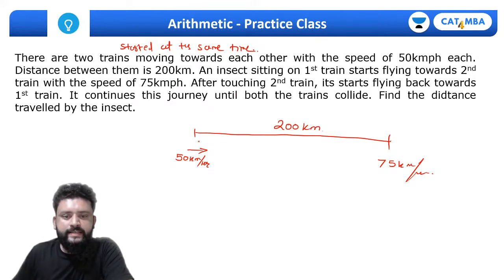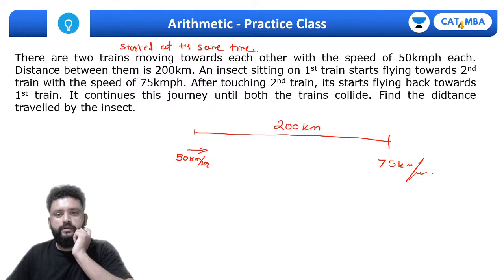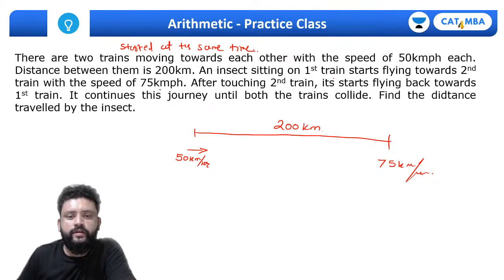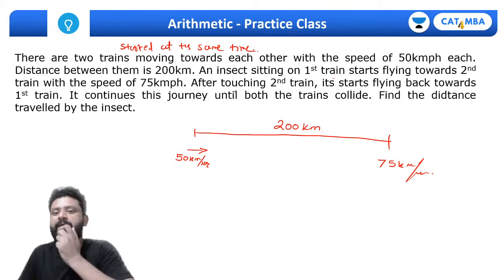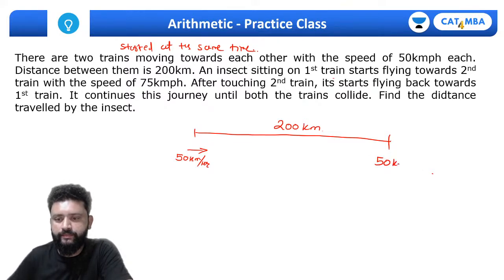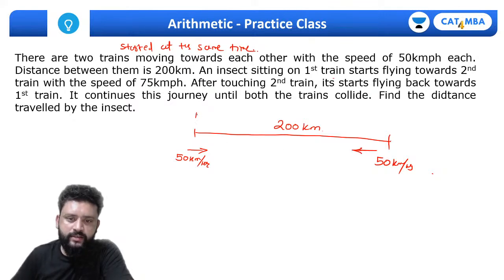An insect sitting on the first train starts flying towards the second train. Oh, sorry, the speed is not 75, it is 50. And the insect is flying at a speed higher than the speed of the train, 75 kilometers per hour.